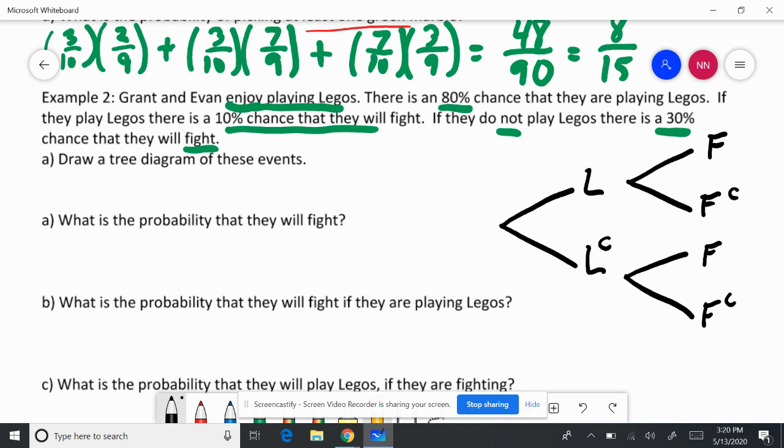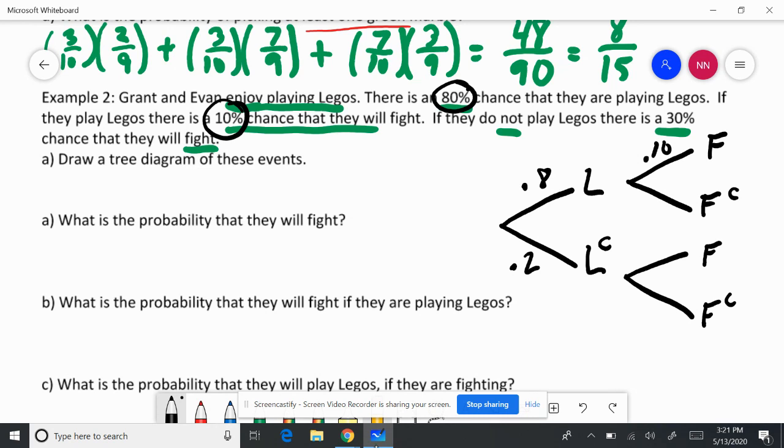Now it tells us that there's an 80% chance that they're playing Legos. That means 0.8 is Legos. And what we discussed before, our branches always add up to 1. That means this has to be 0.2. Now, if they're playing Legos, there's a 10% chance that they fight. So Legos and fighting would be 10%.